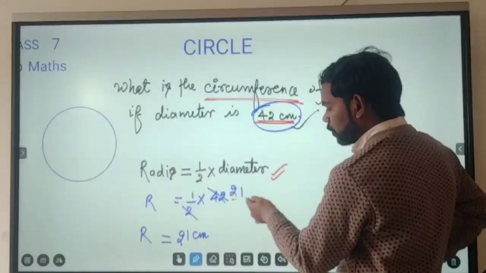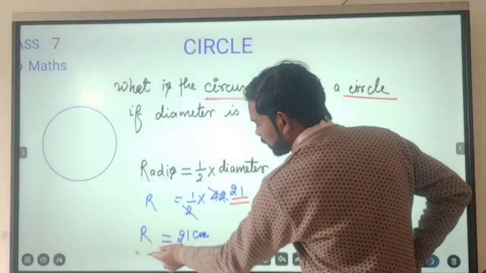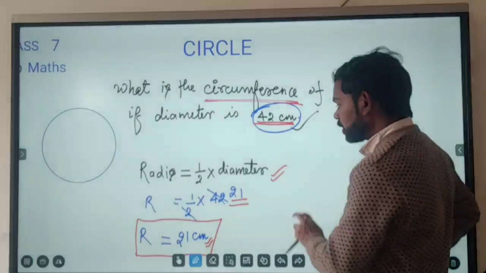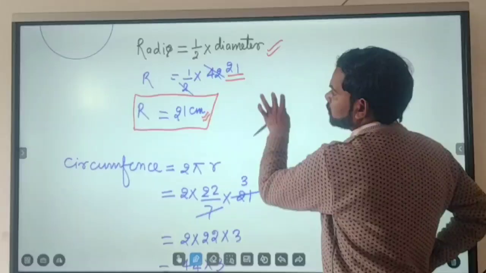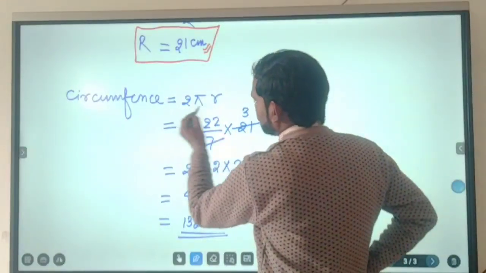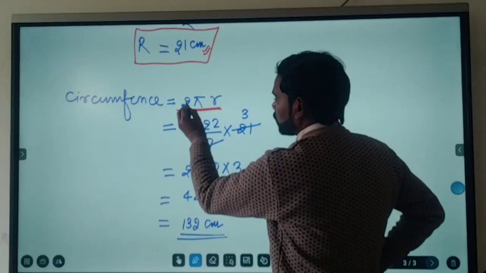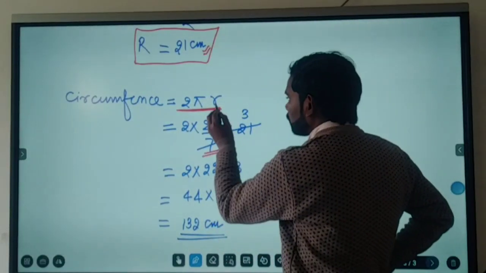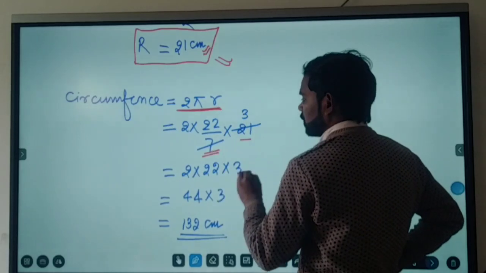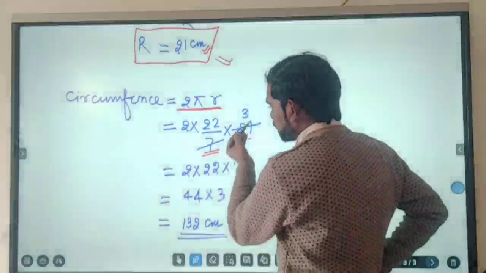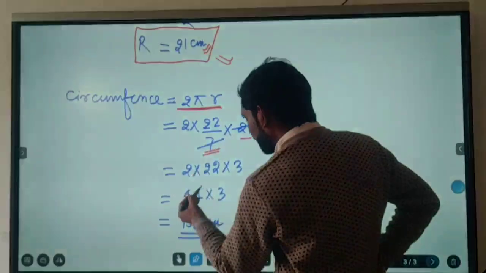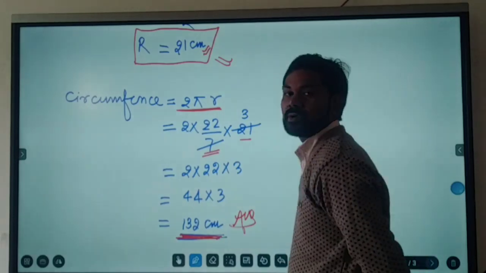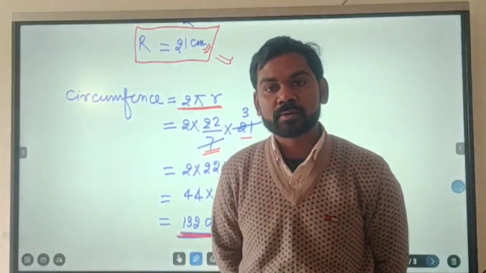When 42 is divided by 2, we get 21. Therefore the radius is 21 centimeter. Now using the formula of circumference, which is 2 pi r, 2 is written as it is, pi is 22/7, and radius is 21. When 7 divides 21, we get quotient 3, and on multiplication we get 132, which is the circumference of the circle. So I hope it is clear.